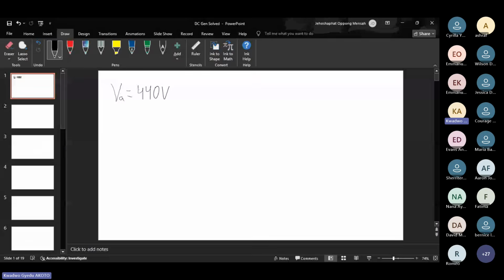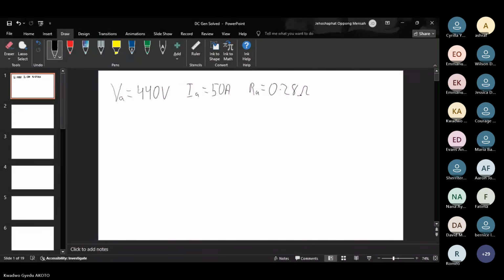Okay. So we've been given our terminal voltage VA. We've been given our armature current IA to be 50 amps. Our armature resistance RA to be 0.28 ohms, right?